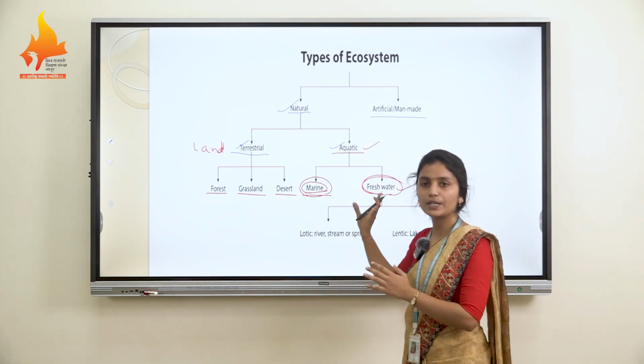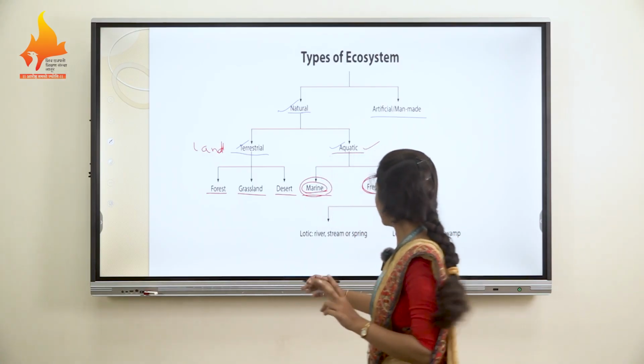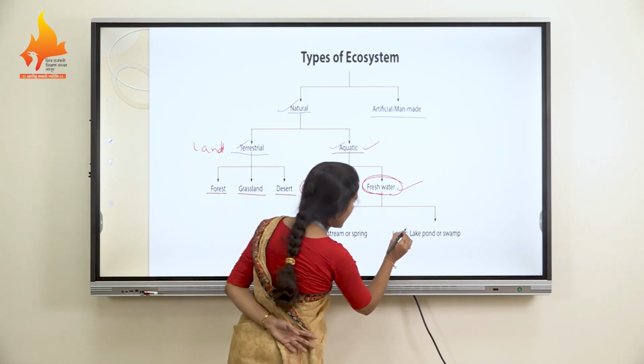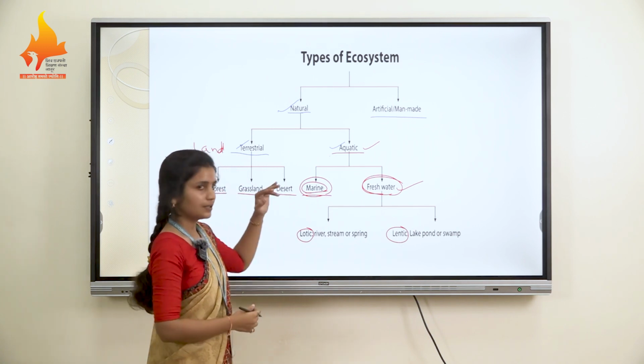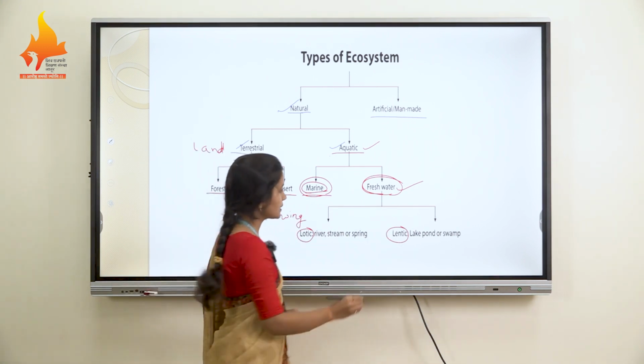The freshwater ecosystem is again divided into two types, that is lotic water ecosystem and lentic water ecosystem. Lotic water means flowing water. And what is lentic water?